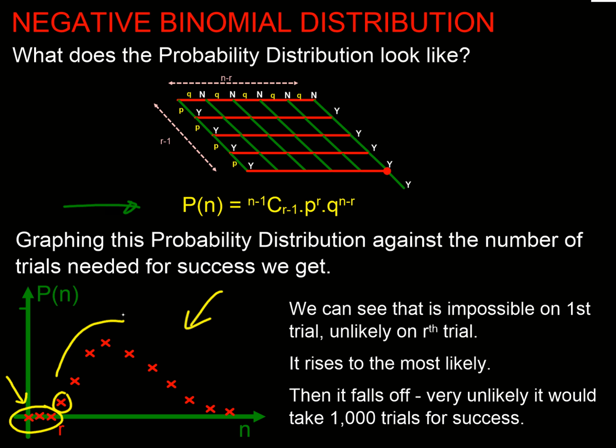Then it moves up to a peak, where our n-1 choose r-1 is dominating. And it drops off again. Why? Well, it's very unlikely you're going to have to wait 1,000 trials to get, say, 4 sixes, isn't it? So that's why our probability is going down again.